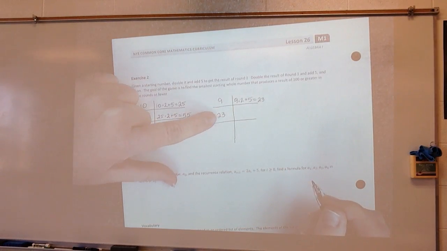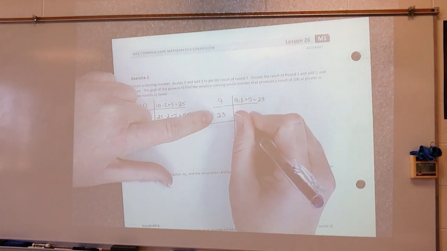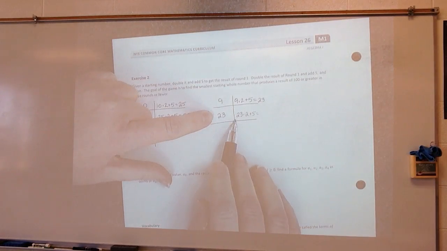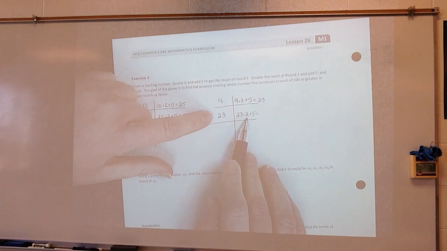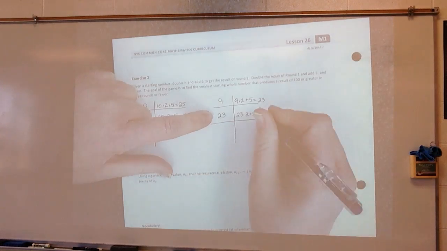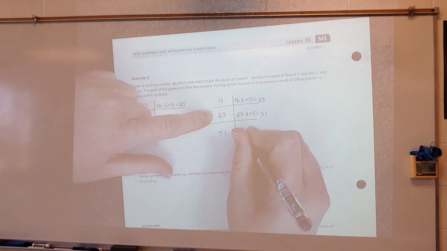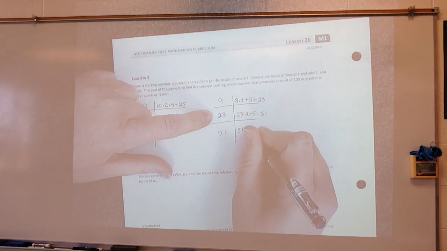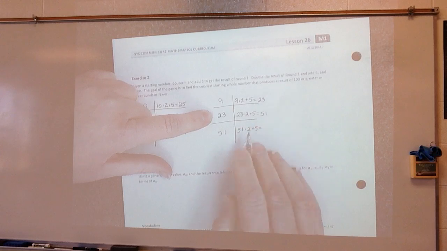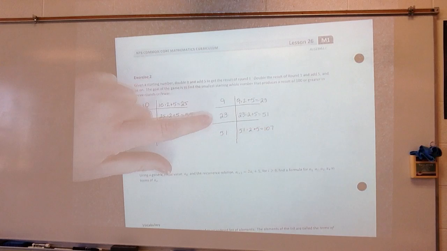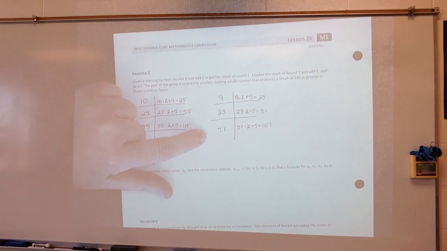Then 23 times 2 plus 5. So 23 times 2 is 46. 46 plus 5 is 51. 51 times 2 plus 5. 51 times 2 is 102, plus 5 is 107. Did 9 work? Yes, it did.